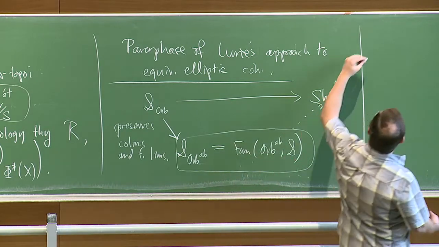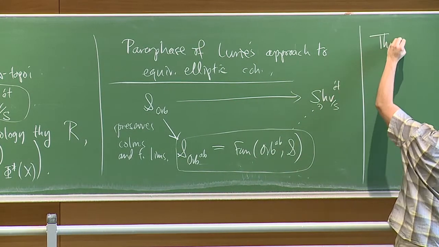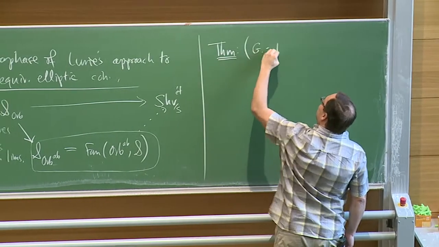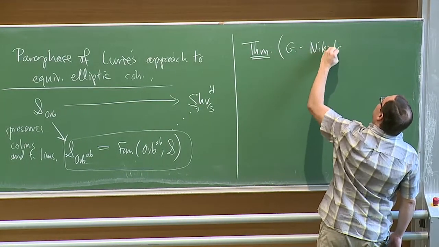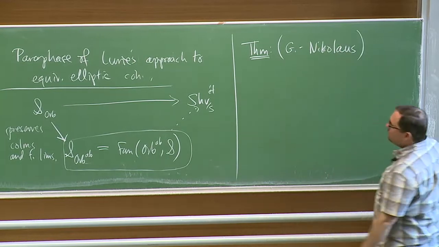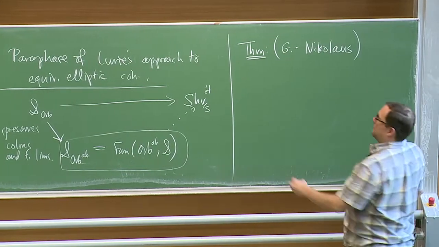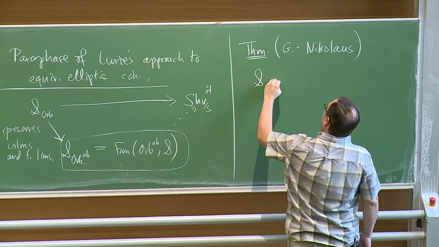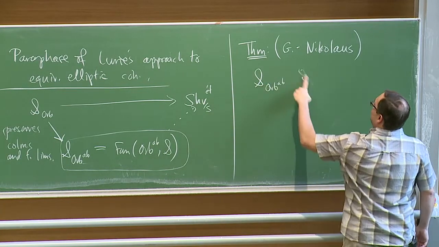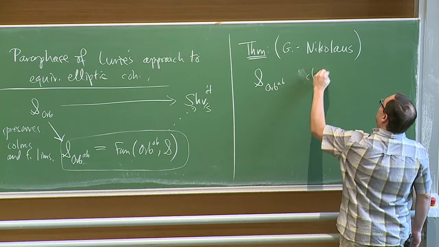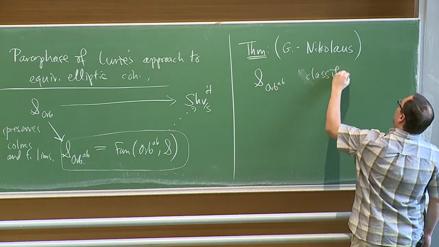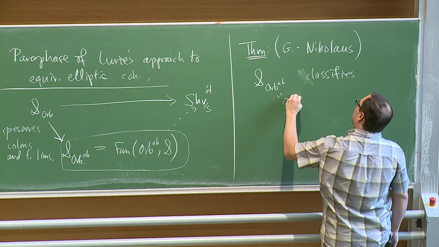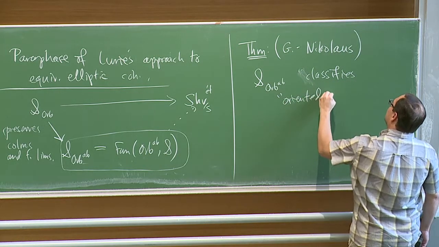So this is the first theorem that I want to advertise. This is joint work with Thomas Nicolaus. This thing classifies what's called oriented abelian group objects.